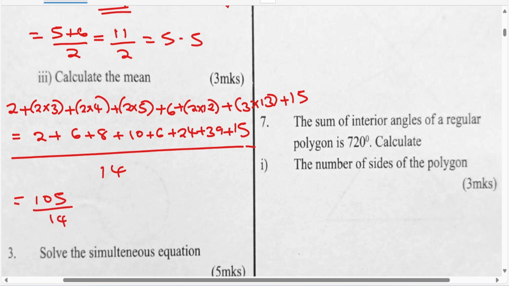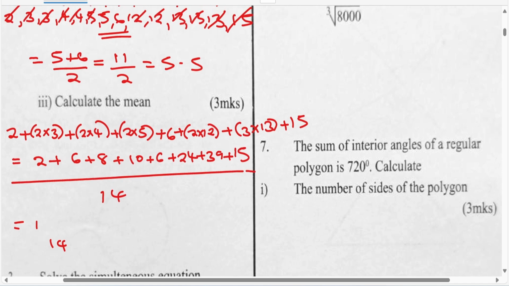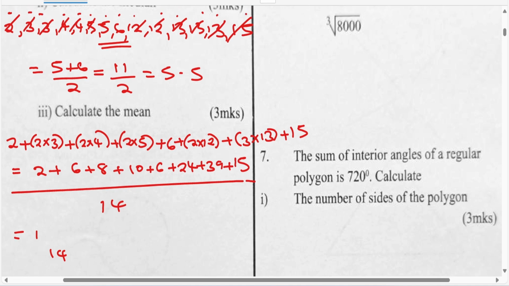Let's just confirm: 2 plus 6 plus 8 plus 10 plus 6 plus 24 plus 39 plus 15. Is it 105? Here it's written no, there's no 105, but instead it should be 110. But let me just confirm from here. Sometimes I can get it wrong, sometimes I can get it right.